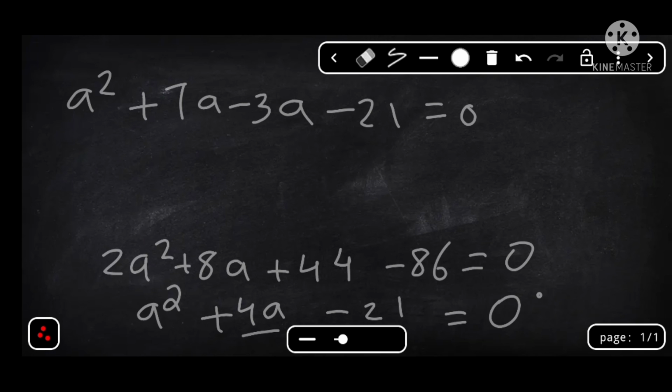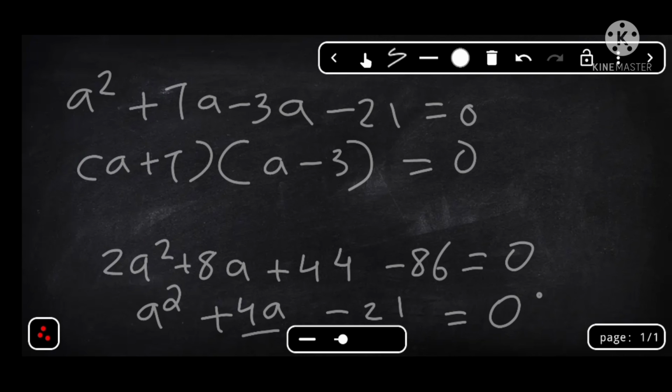So a plus 7 and a minus 3 will be the factors of this polynomial. So a will be minus 7 or 3.